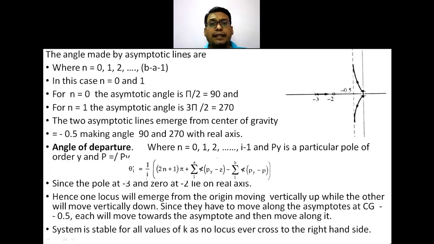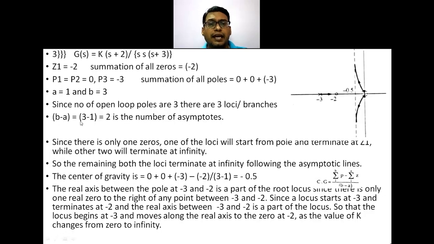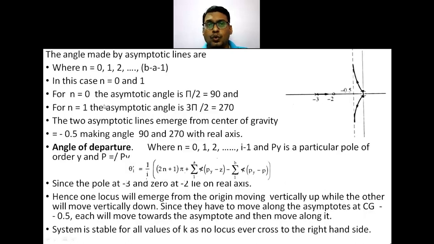In this case B minus A is 2, so B minus A minus 1 is 1. So n will be equal to 0 and 1. For n equals 0, the asymptotic angle is pi by 2, and for n equals 1, the asymptotic angle is 3 pi by 2.